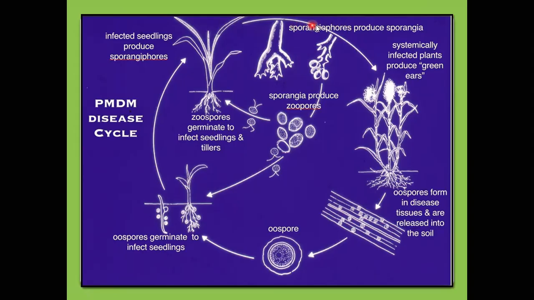At the tip of the sporangiophore, they bear a number of sporangia. So this is the sporangia, produced at the tip of the sporangiophore.